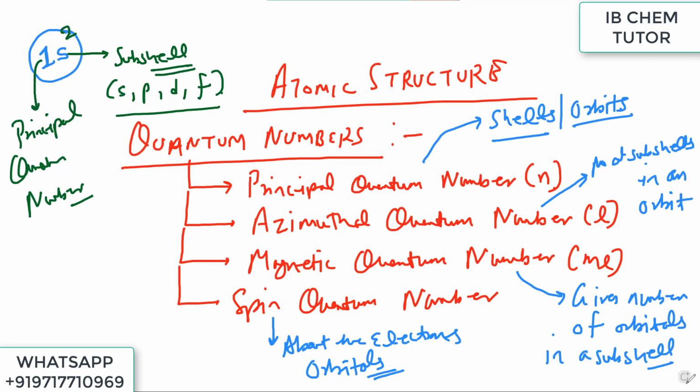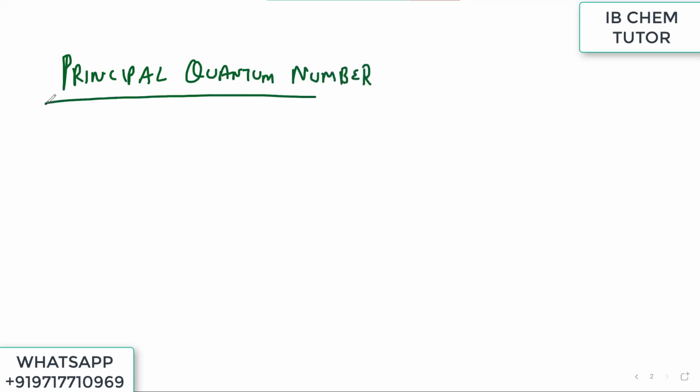So first of all, I'll explain about principal quantum number. As I already told you, we denote this principal quantum number with a small n, and it represents the number of orbits or shells.